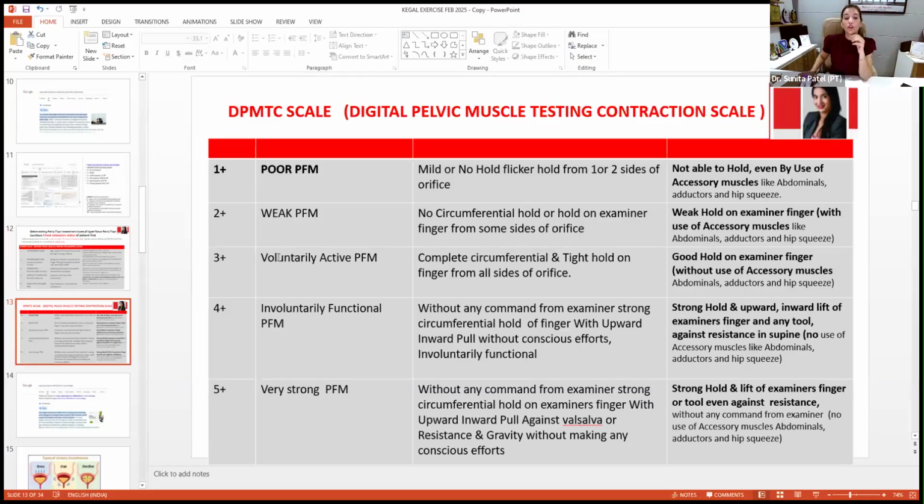So stop Kegel. You need detailed assessment of your patient, and detailed therapy is required. Kegel will not be helpful, and your patient will go and tell society that I've been to this doctor and she told me to do Kegel, and I've been doing it for the last 2 months, but it is not working. Definitely it will not work if it's 1 plus and 2 plus.